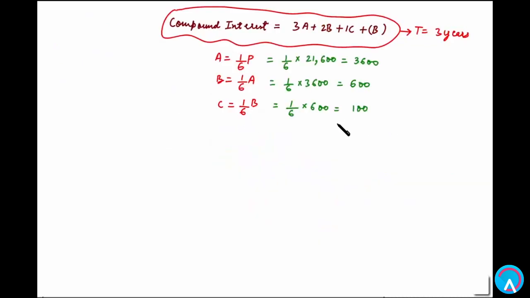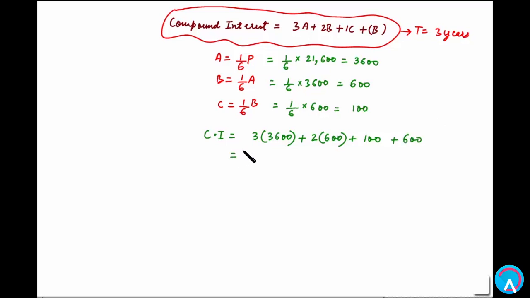So if we put the values in this formula, compound interest will be equal to thrice of A. That means thrice of 3,600 plus twice of B, that is 600, plus C, that is 100, plus B, that is 600.